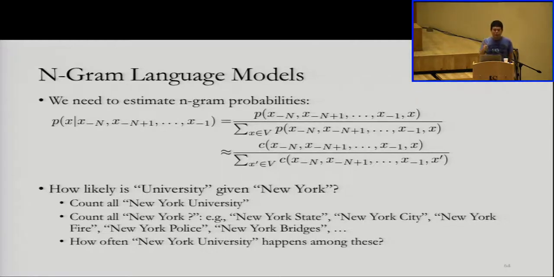There will be New York State, New York City, New York Fire because of the New York Fire Department, New York Police because of the New York Police Department, New York Bridges, and so on. I just count all of them. Then what I need to know is, among all those "New York something", how many were actually "New York University"? That is precisely the probability of "university" given "New York".